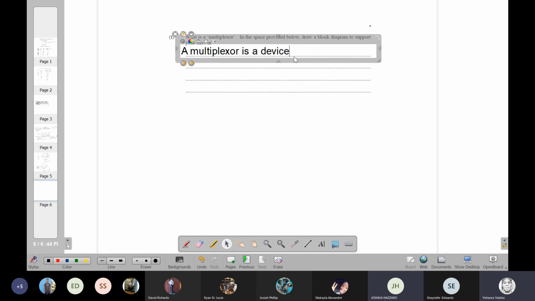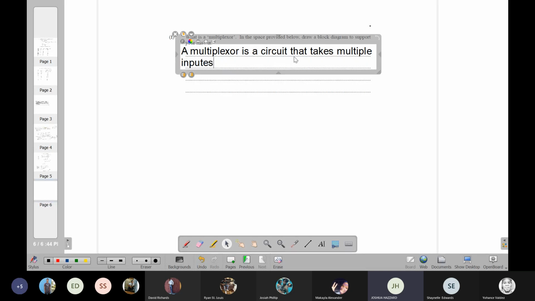It's a device that could take multiple inputs and choose one output, allowing them to utilize a single output line.